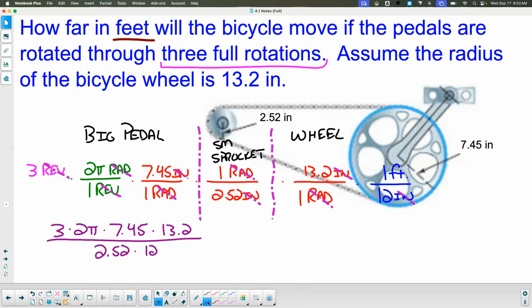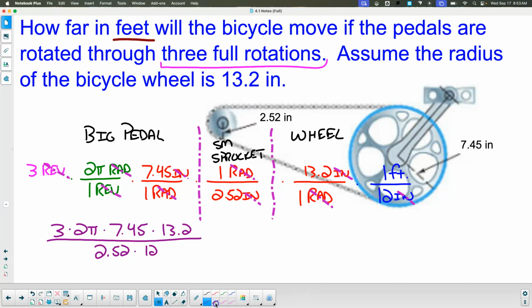Stop it. There we go. 3 times 2 times pi times 7.45 times 13.2, over 2.52 times 12. I'm not even going to try and do this one in a fraction.